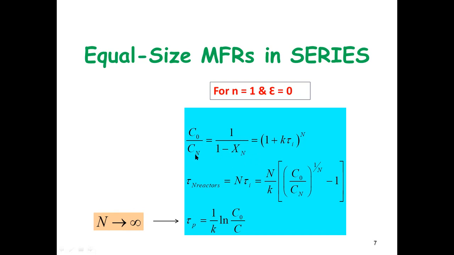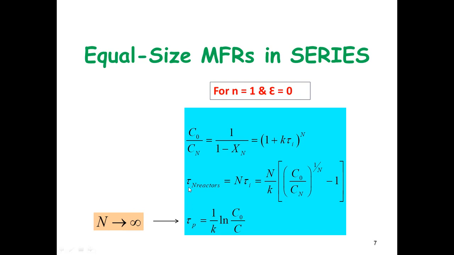So N here is the last reactor. This is also equated to the expression 1 plus K tau i. Okay, residence time again, or space time for a particular reactor, since it's all equal for these equal sized MFRs, raised to the number of reactors in the series or in your system.